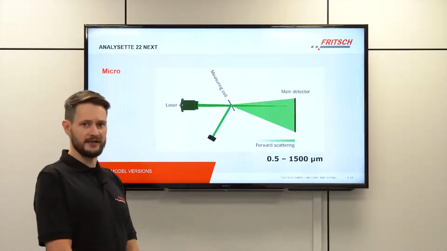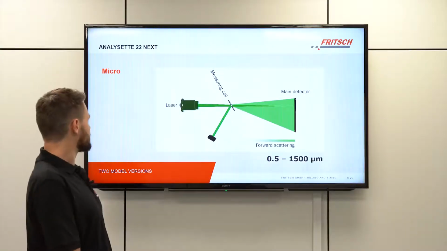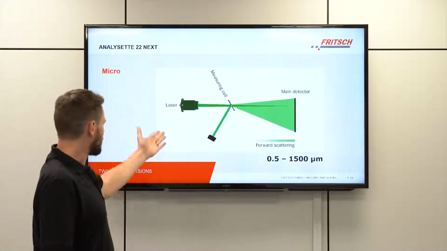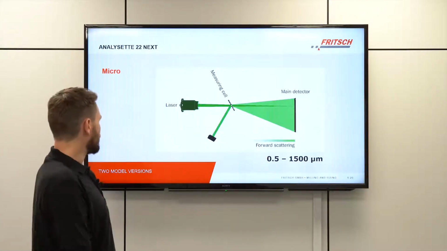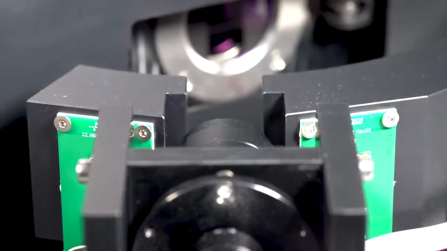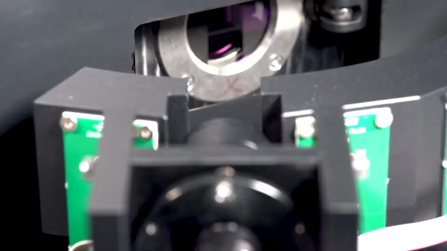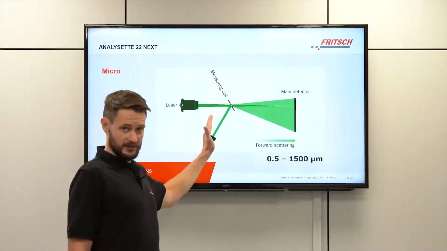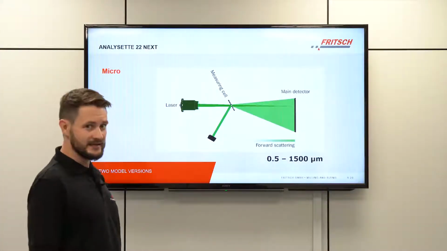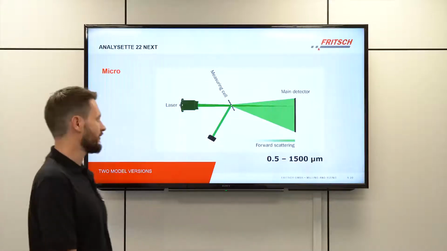Of course, this is a little simplified, but what we see is the 532 nanometer green laser, and then the laser beam passes our measuring cell, which, as you can see, is not perpendicular to our laser beam, but is a little bit tilted, and there's a specific reason for that.